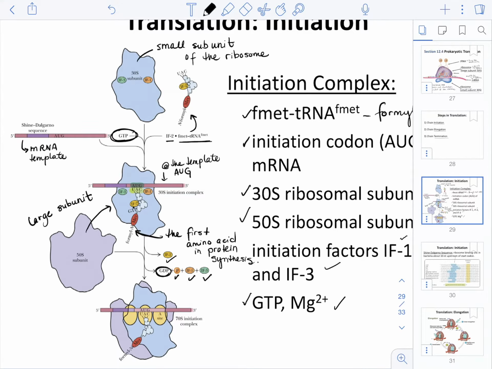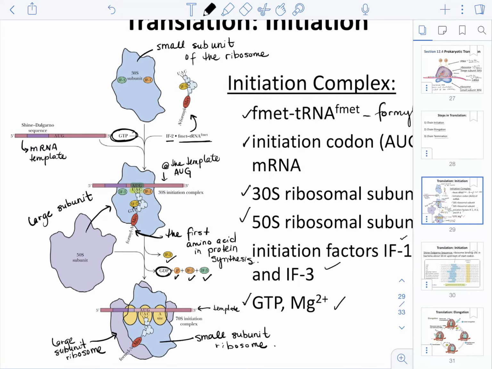By the end of the initiation phase, now we have the large subunit of the ribosome and the small subunit of the ribosome bonded to our template, which is the mRNA structure.